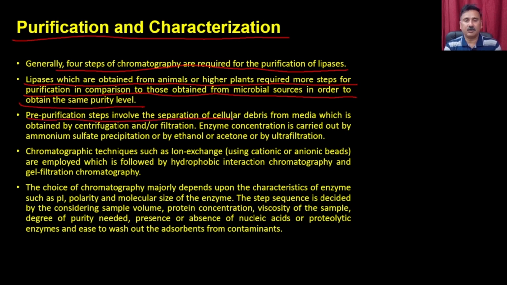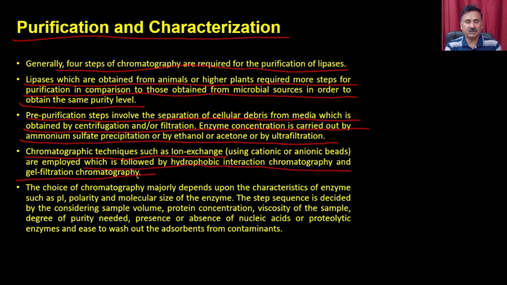Pre-purification steps involve the separation of cellular debris from the media, which is done by centrifugation or filtration. Enzyme concentration is carried out by ammonium sulfate precipitation, or by ethanol or acetone precipitation, or by ultrafiltration. Chromatographic techniques such as ion exchange are followed by hydrophobic interaction chromatography and gel filtration chromatography.